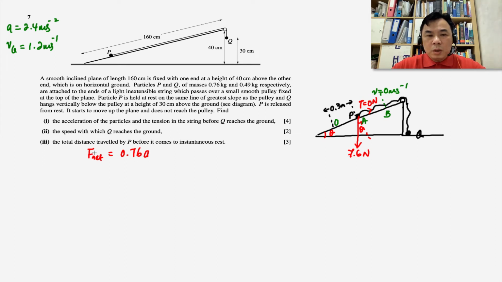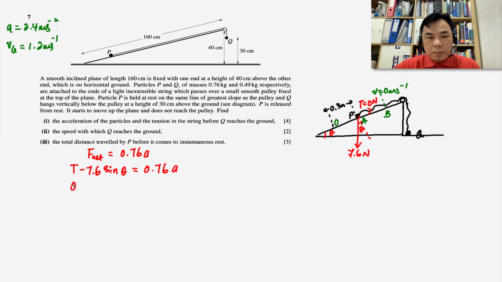When the tension becomes zero, we can use the previous equation that we set up for Newton's second law, which is T minus 7.6 sine theta is equal to 0.76a. We make use of the same equation, but we let T equal 0, because when Q reaches the ground, the tension should be 0.